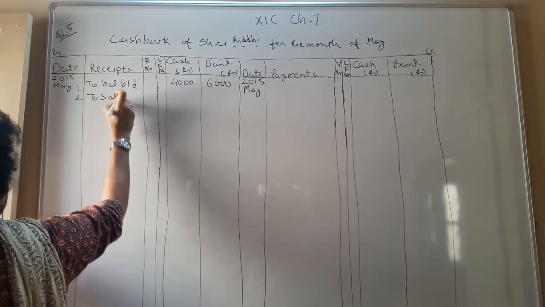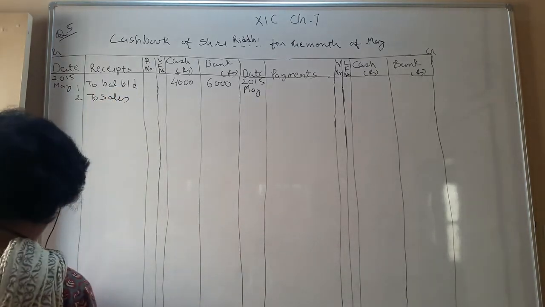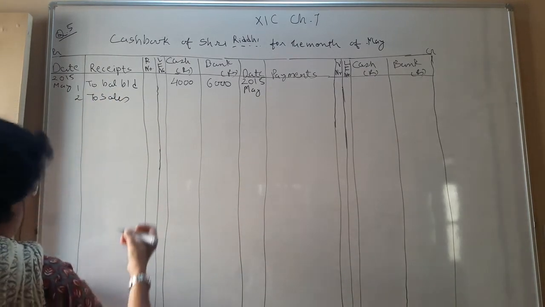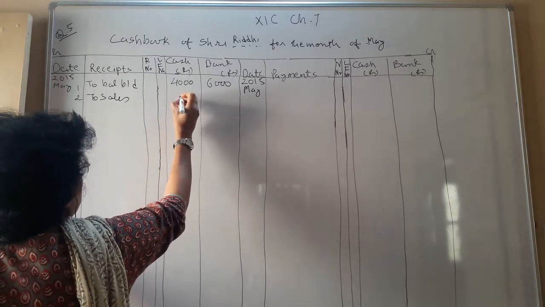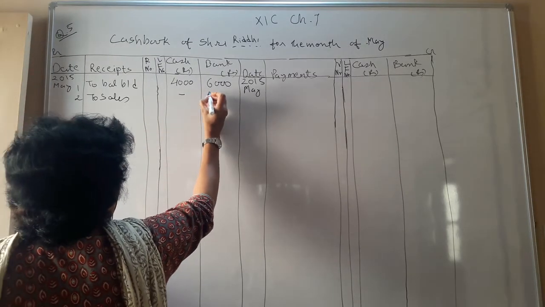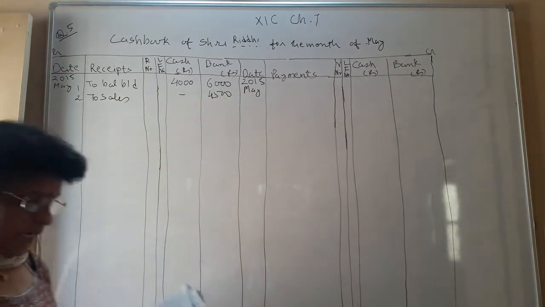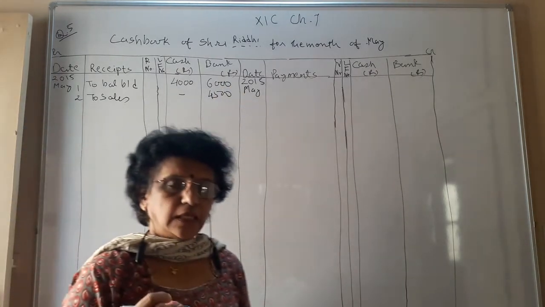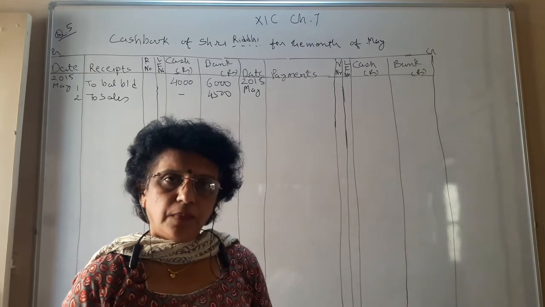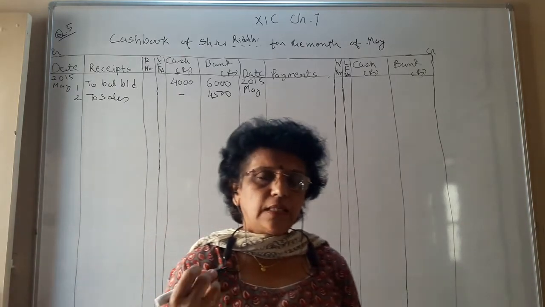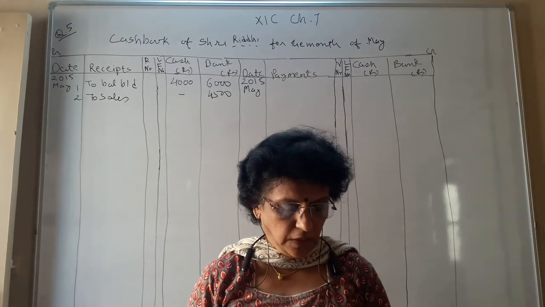So to sales, name of party no need to write, 5,000 and of 10% discount, and we have deposited in the bank, so it comes 4,500 in the bank column. After subtracting discount, the figure is to be recorded, because trade discount is not recorded in books of account.